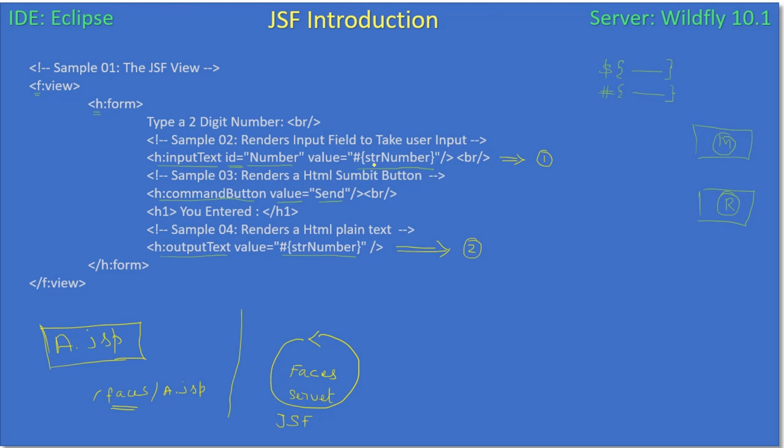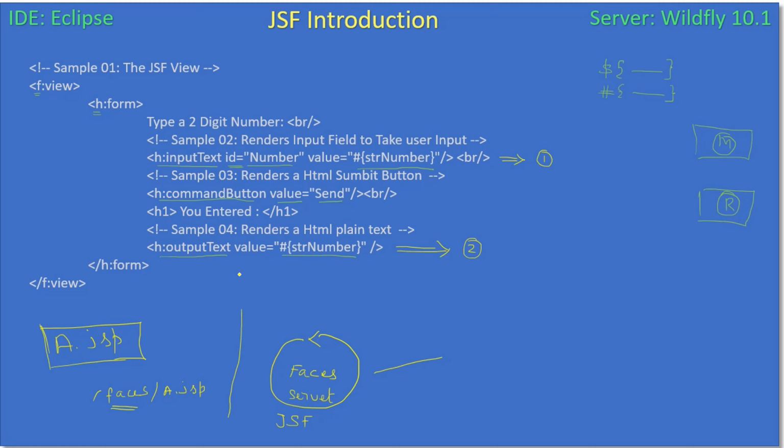In the model phase it reads the number. So when the user browses for the first time, they are requesting a.jsp, and the URL pattern contains faces. So the flow goes like this. First it goes through the faces servlet, and the faces servlet will perform all the tag replacement.